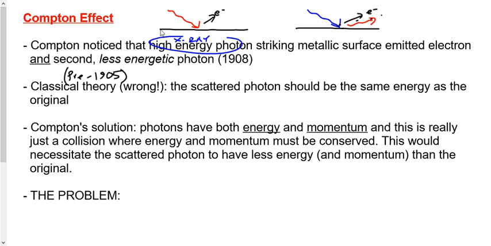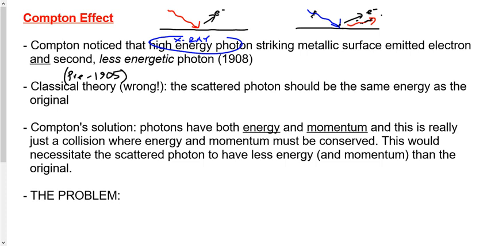Now, in the context of that analogy, the truck looks the same. But in the context of EMR, if the truck that strikes it is blue, the truck that bounces off is lower energy, therefore lower frequency, therefore a different color. So classical theory would have just said, a truck's a truck.